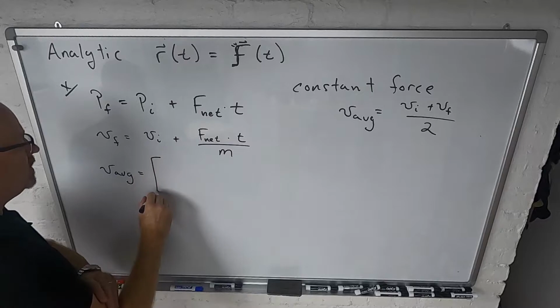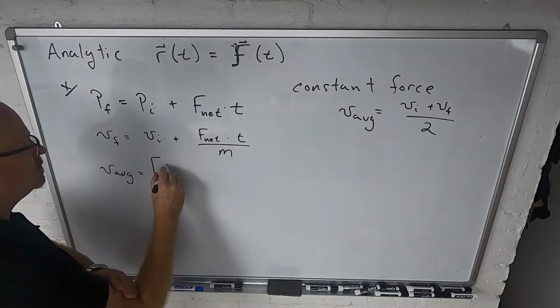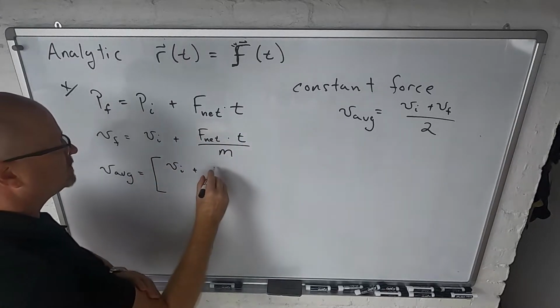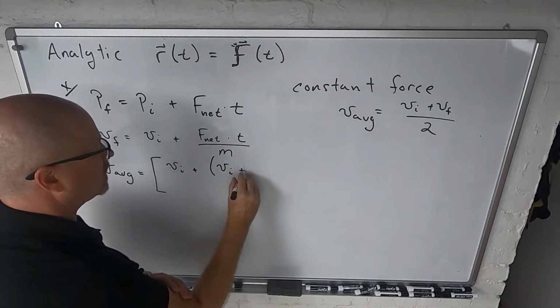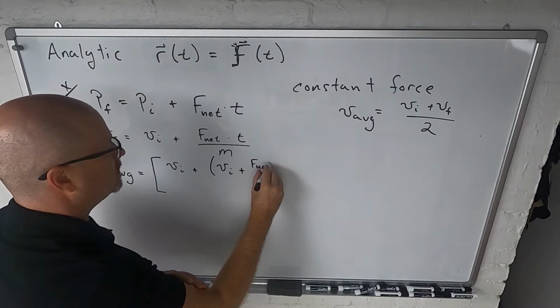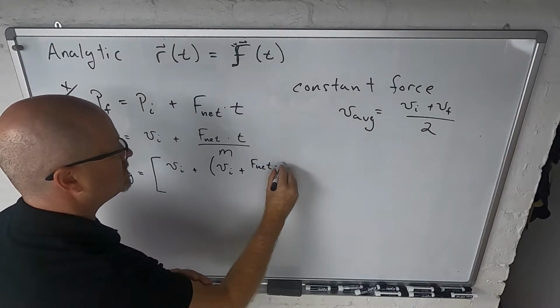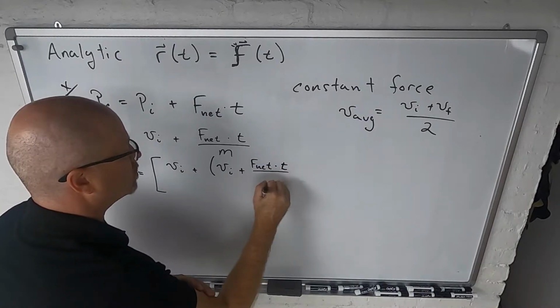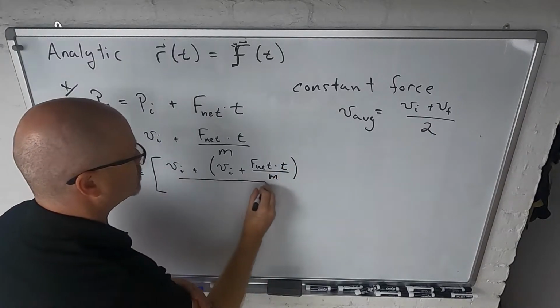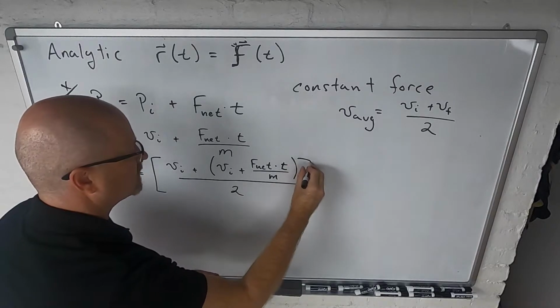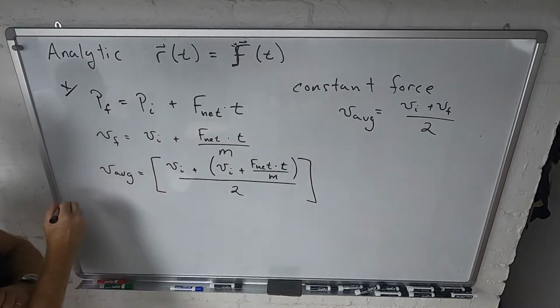So I'm going to say that V initial plus, well, V initial plus F net times t over m, divided by 2. That's the value of the average velocity.